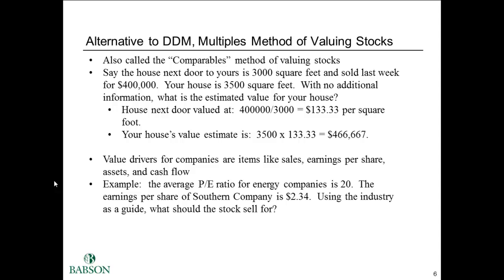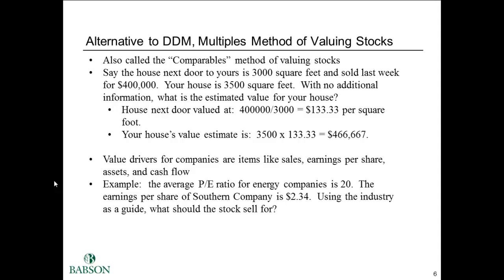So here's the example that I came up with to start us off. Let's say the house next door to yours is, well, think about all the different drivers that influence the value of real estate. The size of the house, the bedrooms, the bathrooms, the location, the distance from schools, trains, stores, how much land there is, and whatnot.